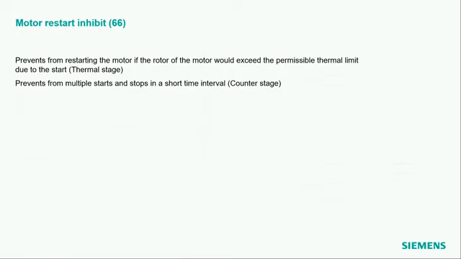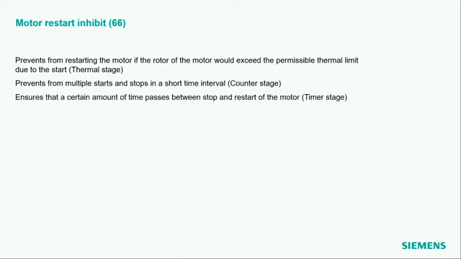Then sometimes there is other data from the motor manufacturer saying, okay, in a certain time, I'm allowed to start the motor so and so many times. And this we can then handle with a second function or second stage, a so-called counter stage, which checks that we don't make more than X starts in a certain time interval.